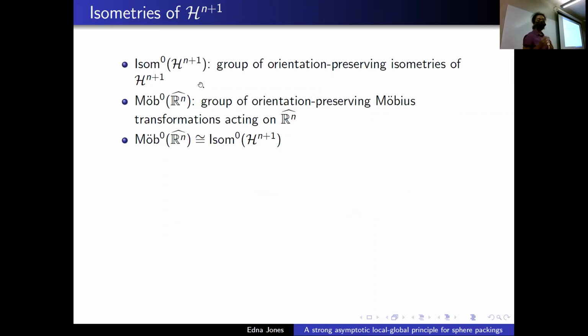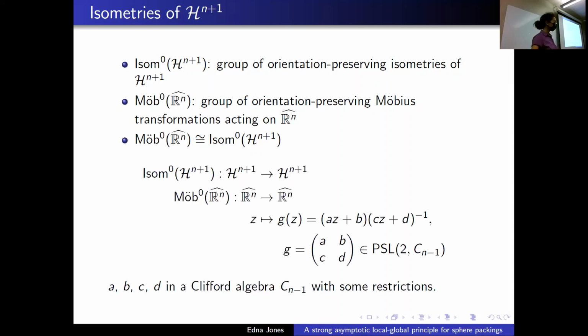I'm letting Isom_0(H^(n+1)) be the group of orientation preserving isometries of n plus 1 dimensional hyperbolic space. I'm letting Mob_0(R^n hat) be the group of orientation preserving Mobius transformations acting on R^n hat. It's known that these two groups are isomorphic.